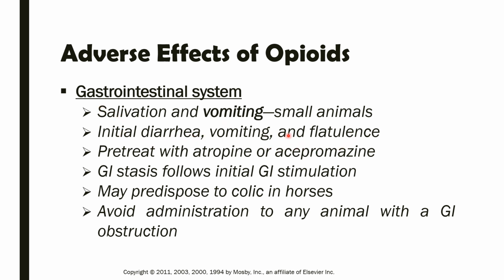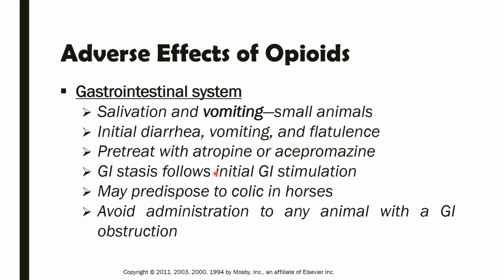We can pre-treat the animal with atropine to prevent hypersalivation and diarrhea. And we also have acepromazine, an antiemetic for vomiting. There is also GI stasis following initial GI stimulation.